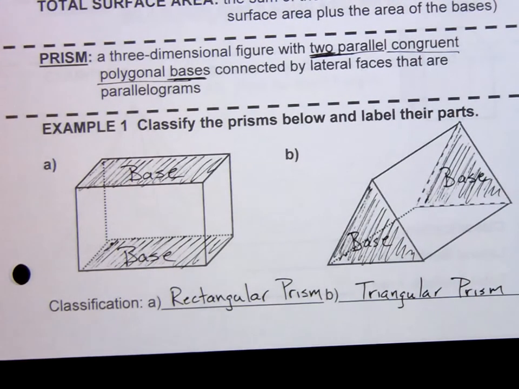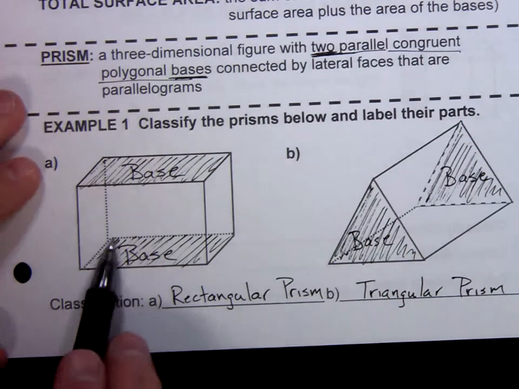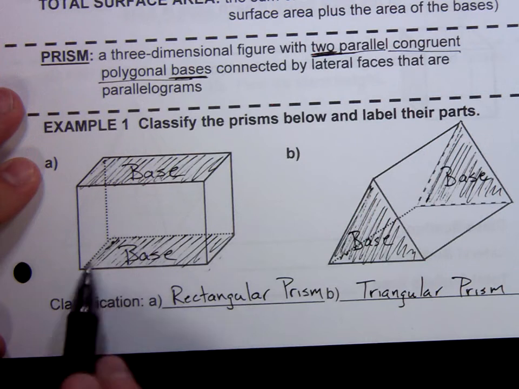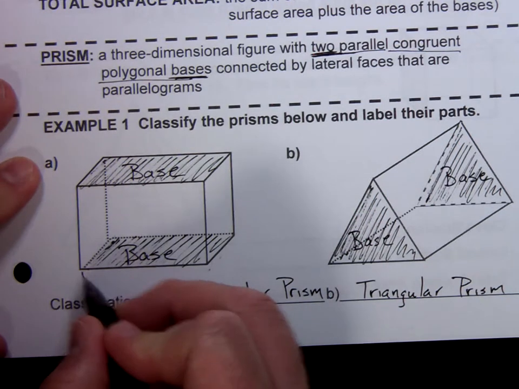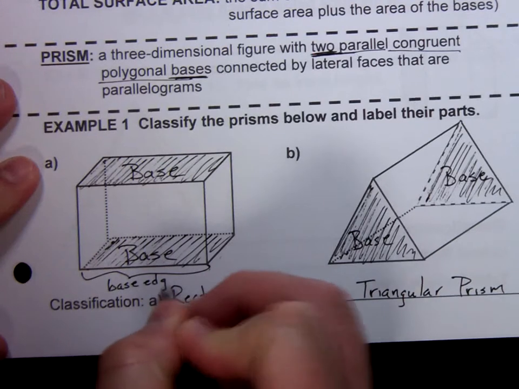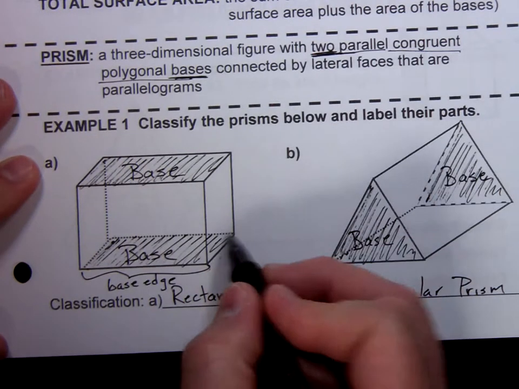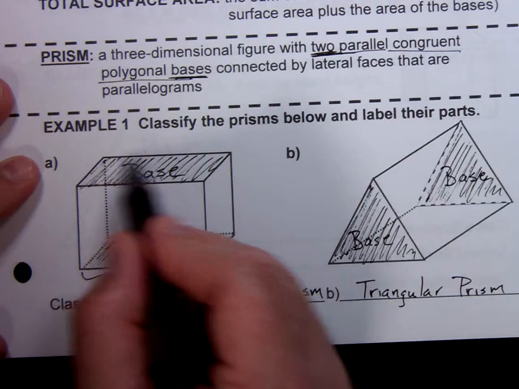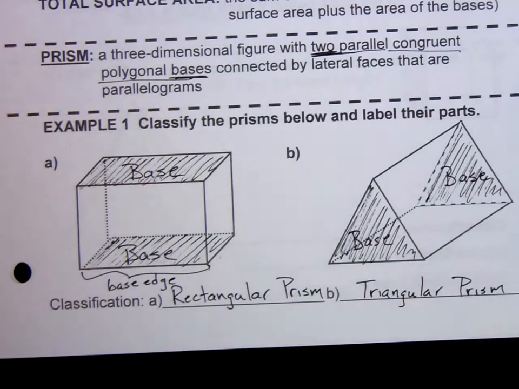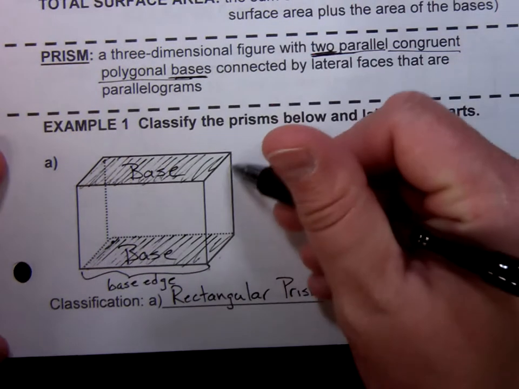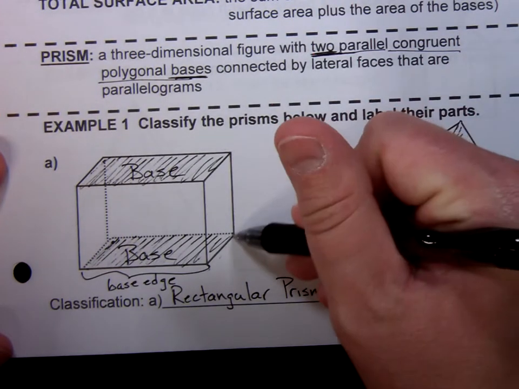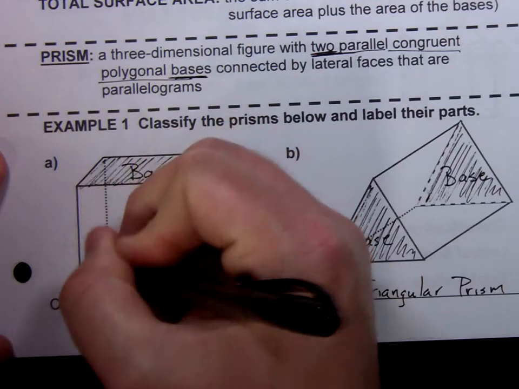Alright. The edges that go around the base, the sides of that base, are called base edges. So this is a base edge. This would be a base edge, this would be a base edge, same thing up here. This would be a base edge, and this one too, and this one, and this one. The edges or segments that are not parts of the bases but connect from one base to another, those are called lateral edges.